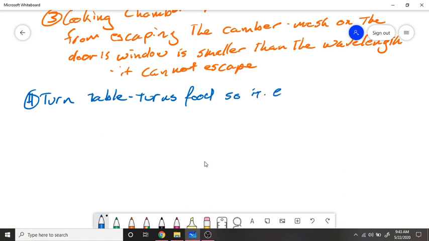evenly exposed to the waves bouncing around in the chamber.